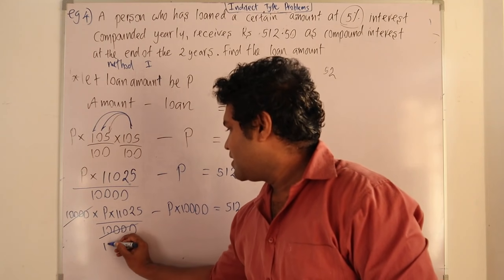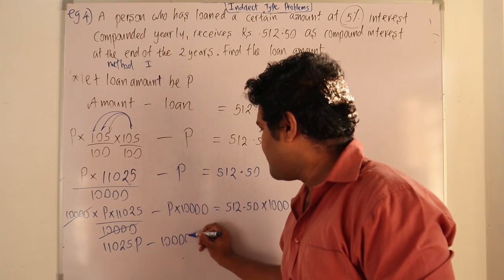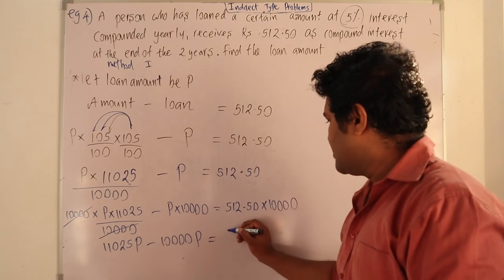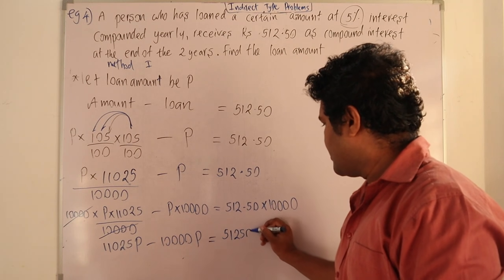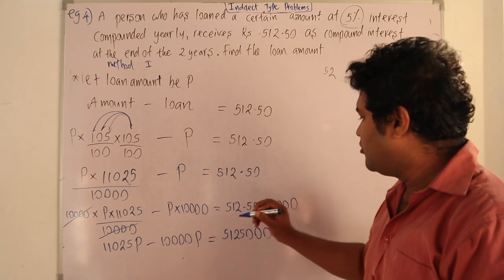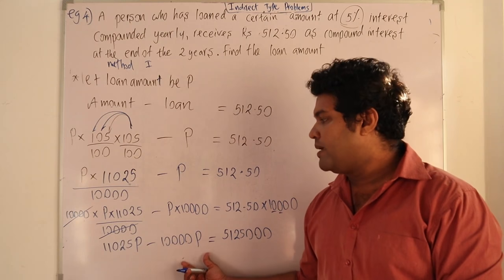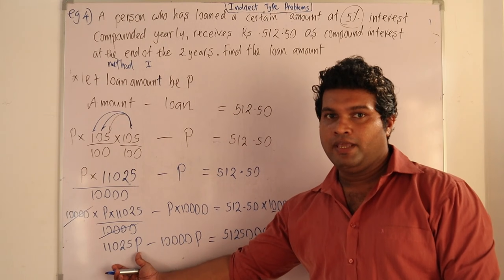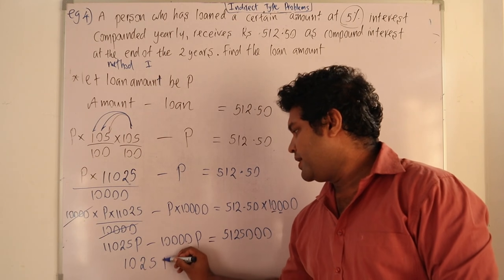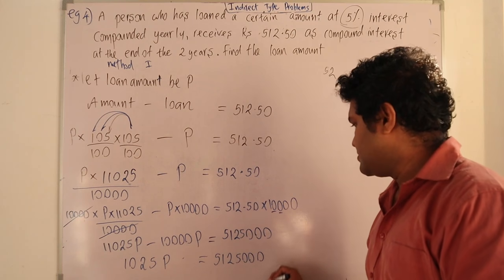It is 11,025 P, 10,000 P. We can cancel 2 zeros for the 2 decimal places and we have 2 more zeros at the end. Now you have to subtract like terms, 10,000 P from 11,025 P. What's the answer? 1,025 P and 512 zeros.